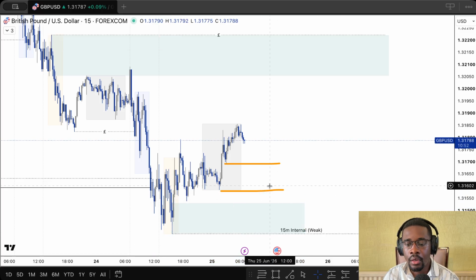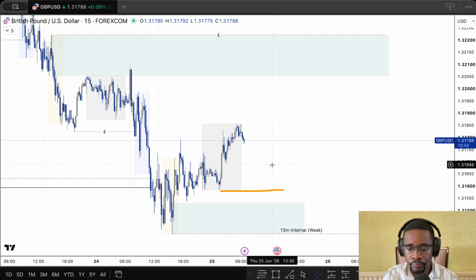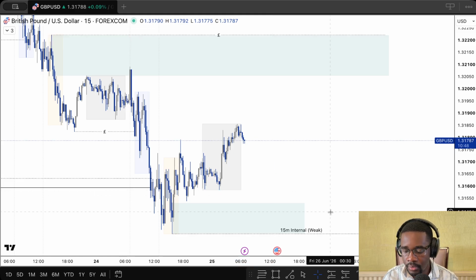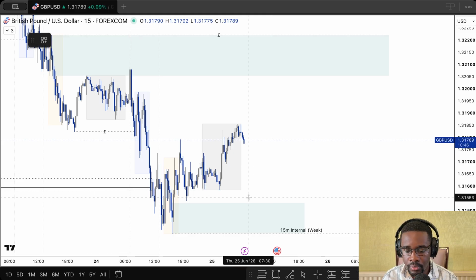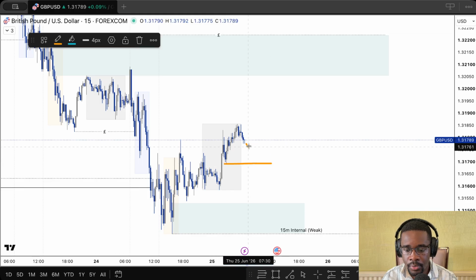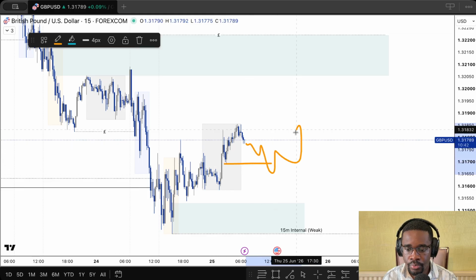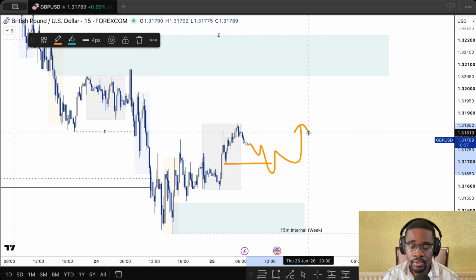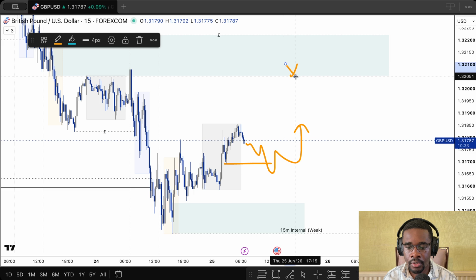Okay, right, so we could see price push lower, maybe sweep, and then my expectation is that price might continue to the upside, at least to mitigate this area.